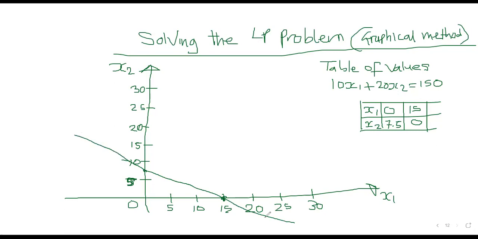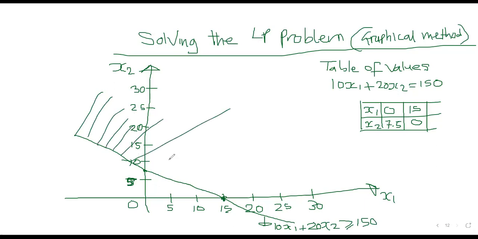You give it a name: this is 10x1 plus 20x2 greater or equal to 150. So for greater or equal to 150, you are shading up here. We're shading this side.